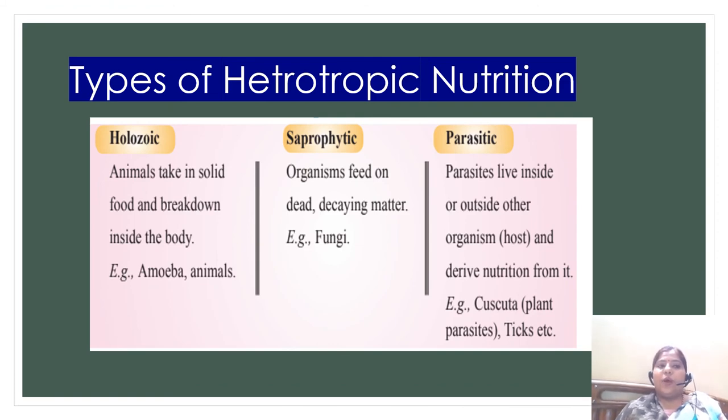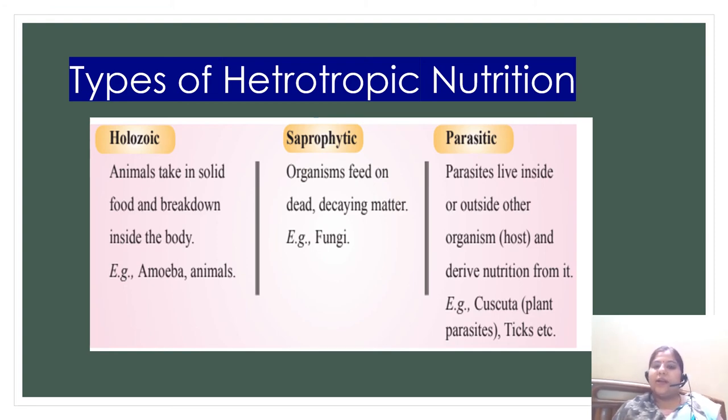Next, we have to understand the different types. One by one, we'll be understanding the definitions of types of heterotrophic nutrition. Holozoic nutrition, as I already explained in the starting, is a type of nutrition which all of us are following.